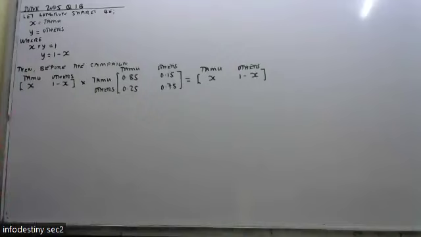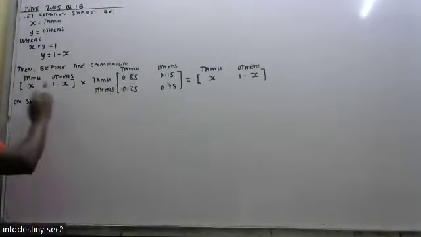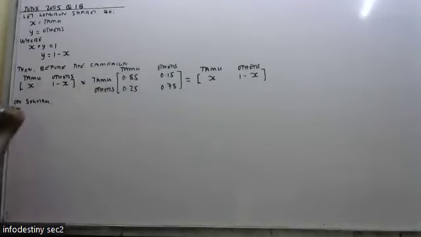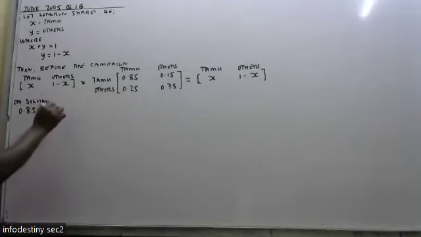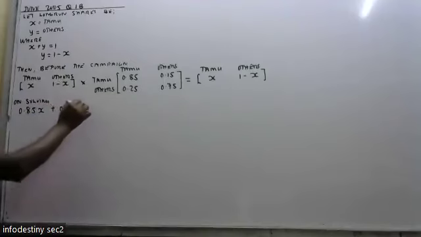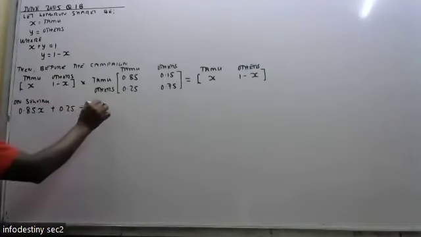So you now solve, just like what we have done with the others. You take these and multiply: X times this gives 0.85X, then these two multiplied give 0.25 minus 0.25X.